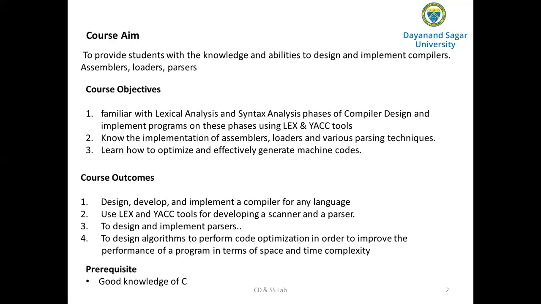That means you should be able to construct a compiler using these tools. The third outcome is to design and implement parsers. So we'll implement some parsers here. And the fourth course outcome is to design algorithms to perform code optimization in order to improve the performance of a program in terms of space and time complexity. That means we'll apply various optimization techniques to have better code.